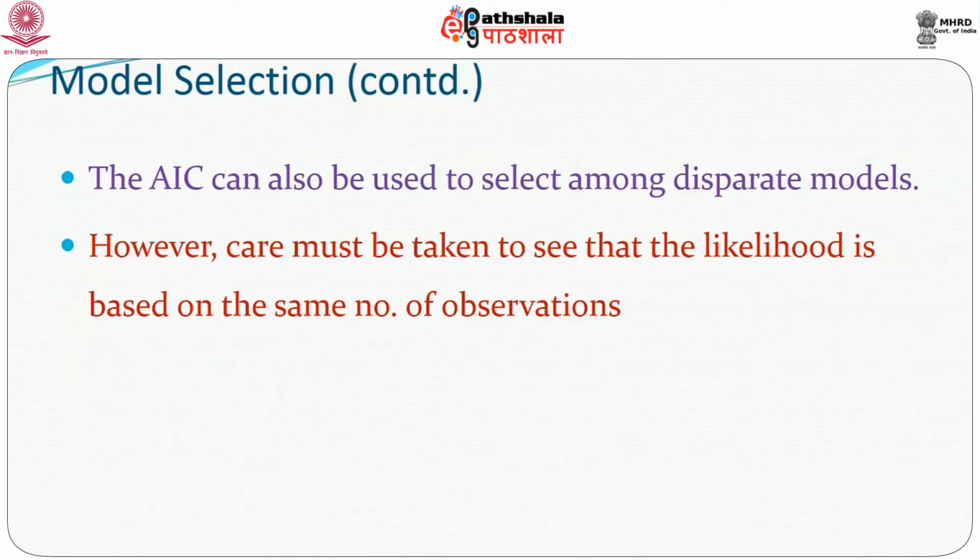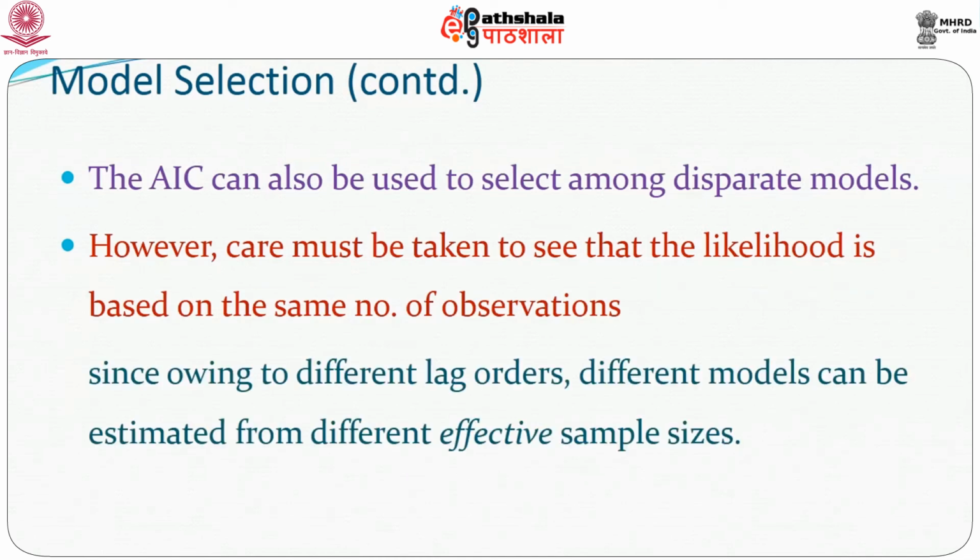So the first p observations go, and if you are given N observations, you are left with N minus p observations to estimate the parameters. Alternatively, if you are using an MA(q), you will be using N minus q of the observations to estimate its parameters. So there will be different effective sample sizes, and you cannot compare these models when you have different effective sample sizes. So you should be careful on this point.